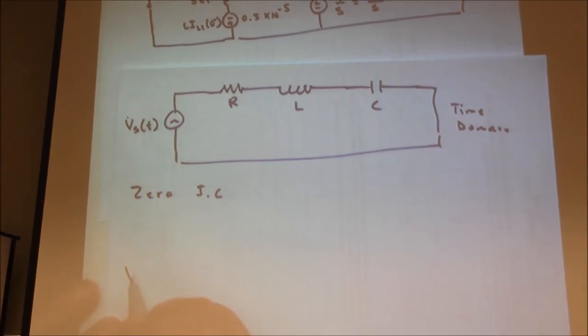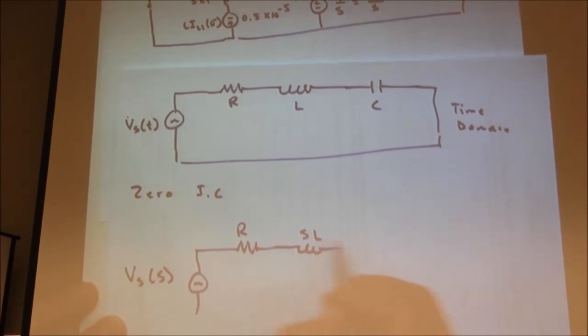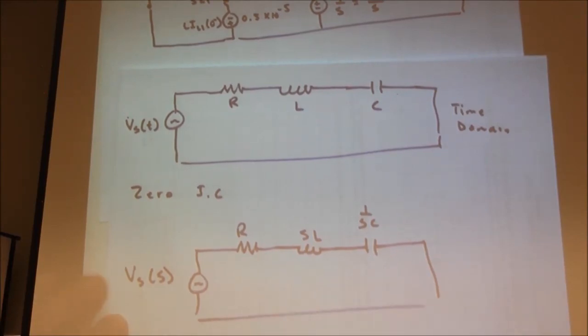Let's look at the Laplace circuit. V source of S, whatever that Laplace transform is. There's R. There's SL. There's 1 over SC. No initial condition, so we're done.